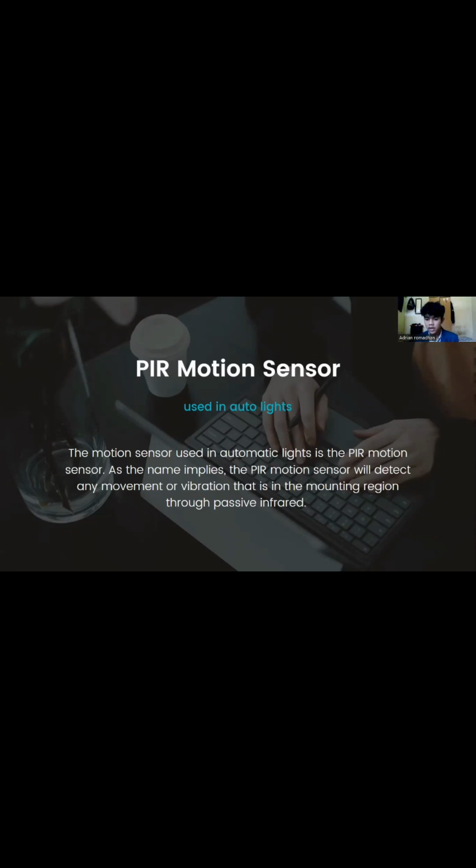The module is used as an input to detect human movement and will then be processed by Arduino. Then the relay is a circuit that disconnects and connects the instruction data received by Arduino, and the lamp is the output.